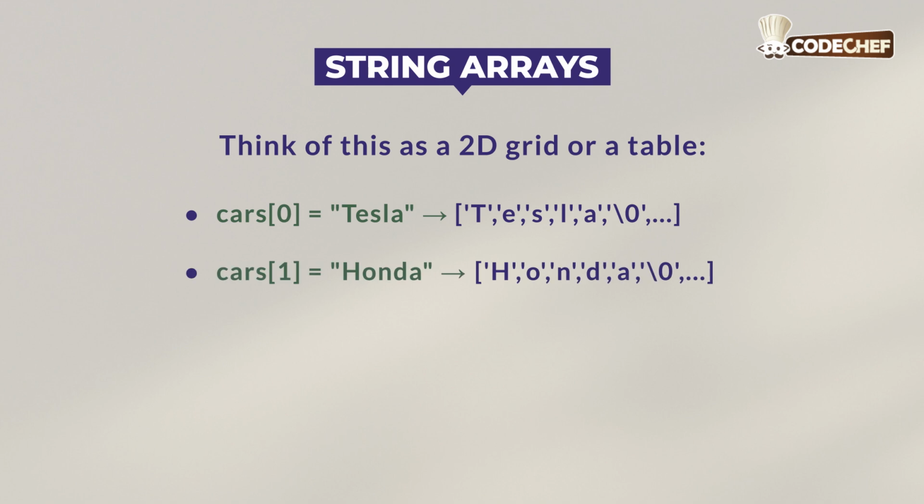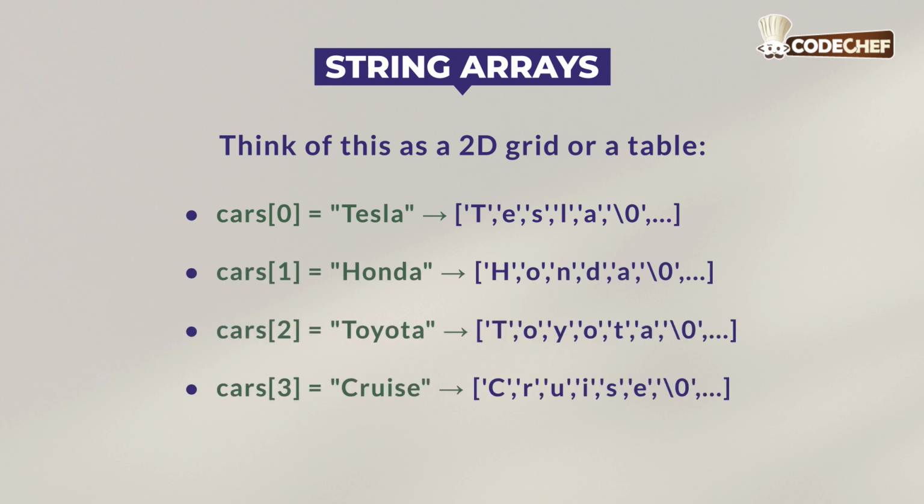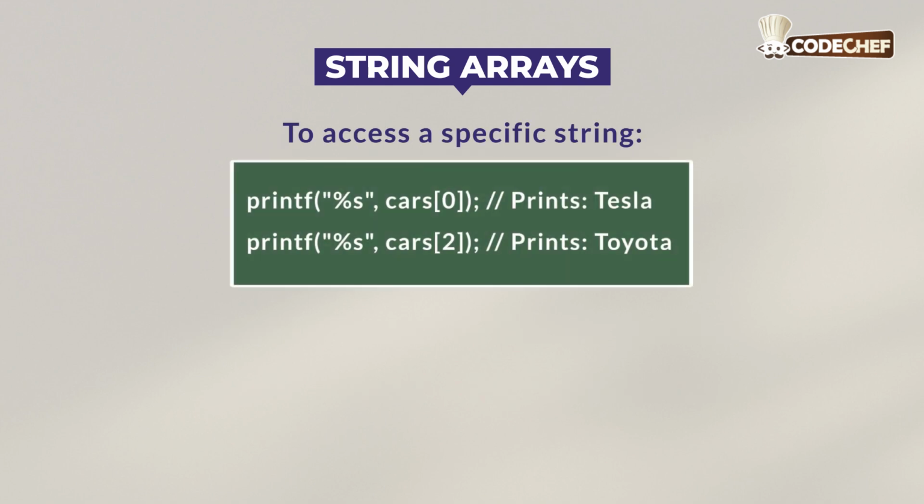At cars[1], we have Honda, cars[2], Toyota and cars[3], Cruise. To access a specific string, printf %s, cars[0], which prints Tesla because at cars[0] we had Tesla, and printf %s cars[2] prints Toyota.